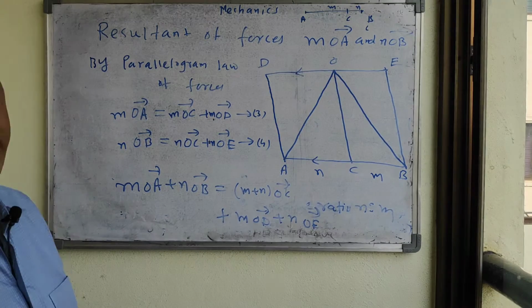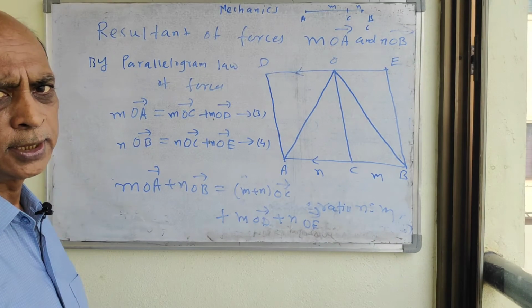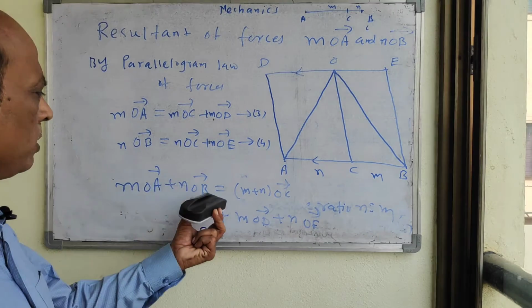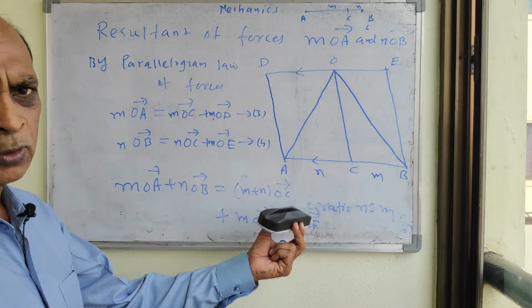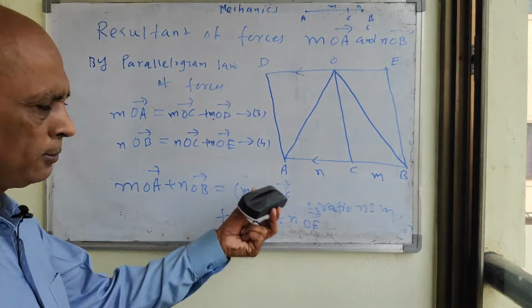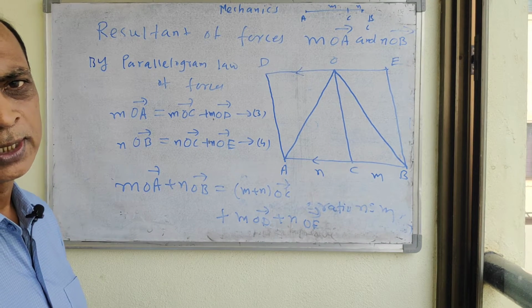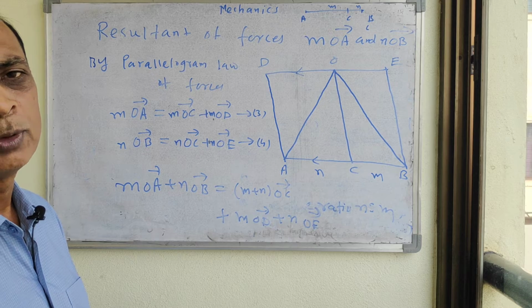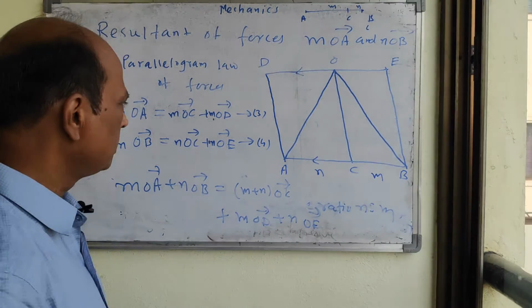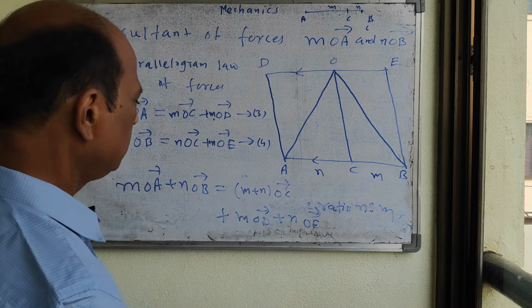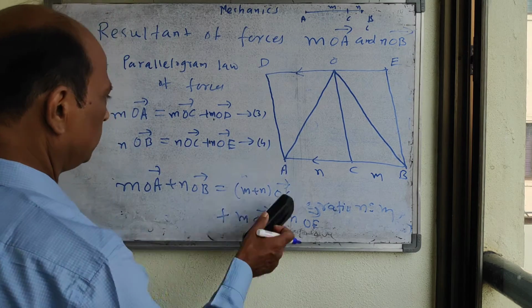And what is our aim? In this theorem, our aim is to prove that m OA bar plus n OB bar is equal to (m plus n) OC bar. It means we have to show that this remaining part will be 0. After that, we will complete the proof of this theorem. So this is equation 3, equation 4, and adding this we get this. Now let us prove this.